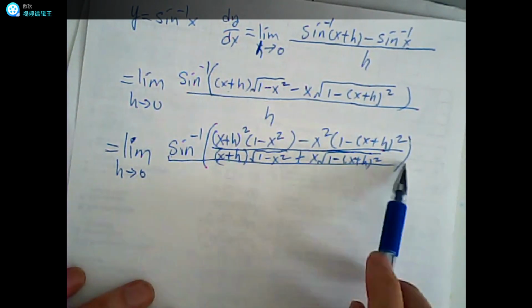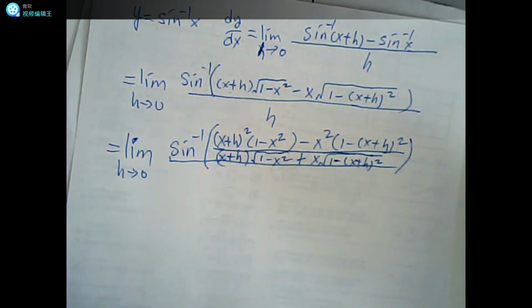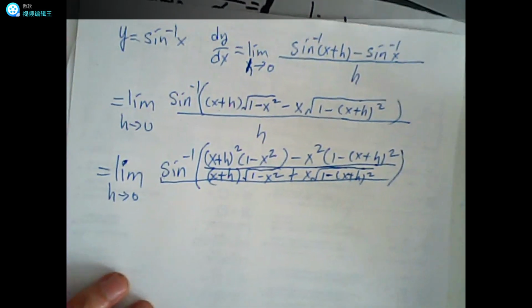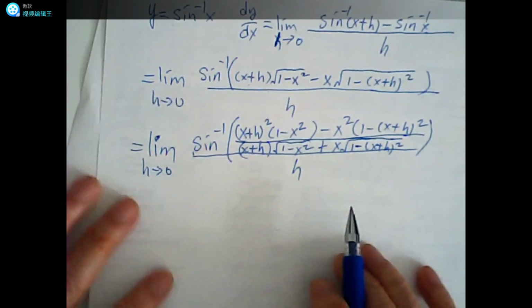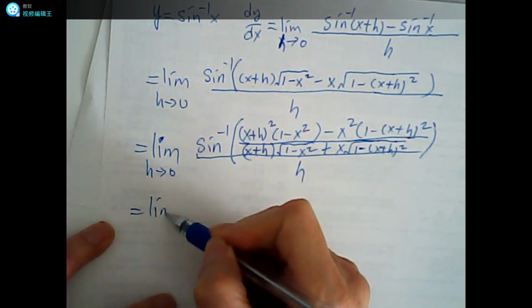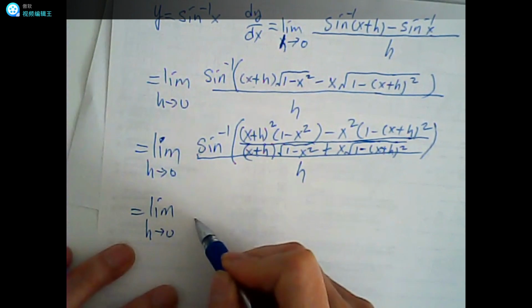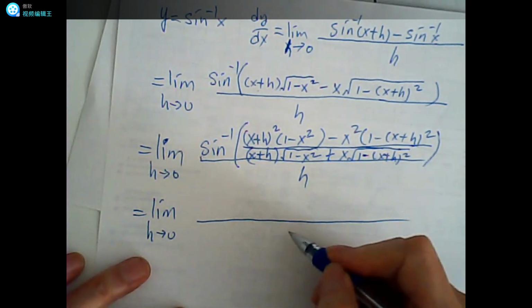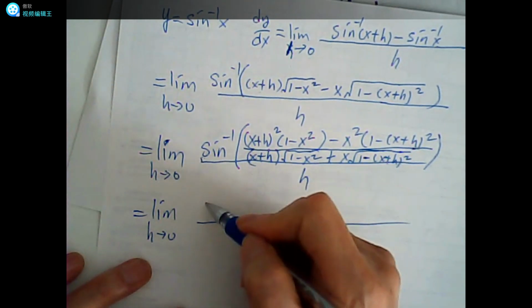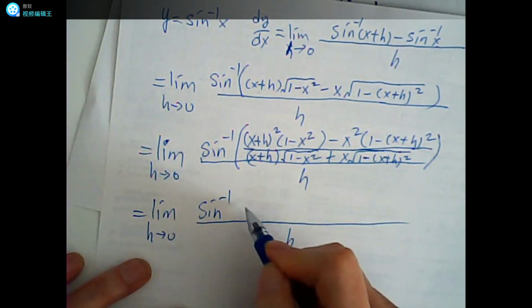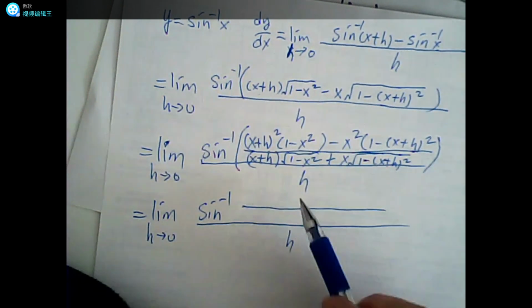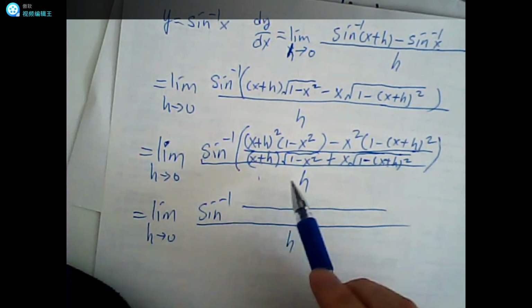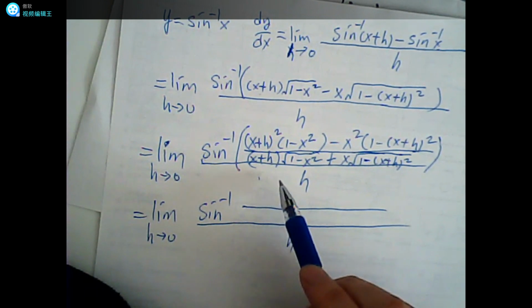So one story becomes two stories. Now a bungalow becomes a cottage. Okay, now over h. This is equal to the limit, this is over h, this is arcsine inverse, and you have two stories. h approaches 0.